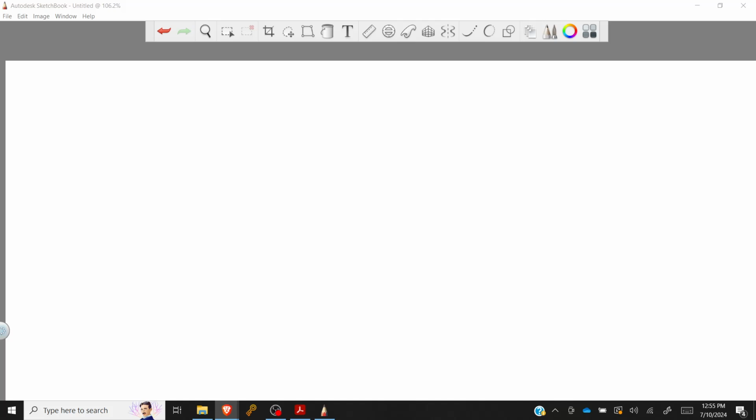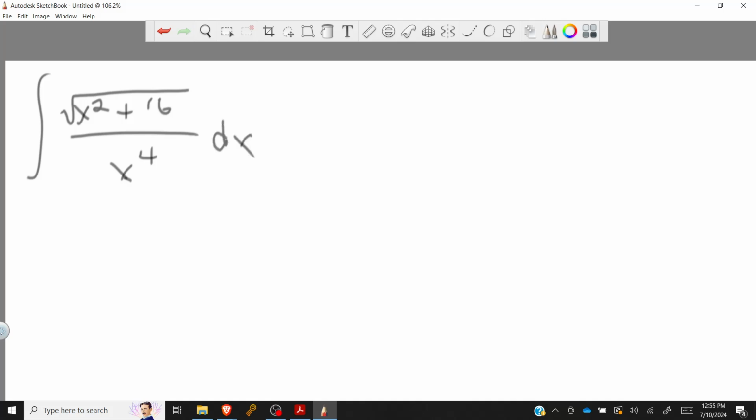All right. So let's do the integral of the square root of x squared plus 16 over x to the fourth dx. Again, we're going to recognize that this is going to be equal to that Pythagorean identity.